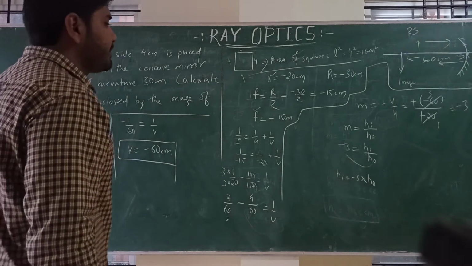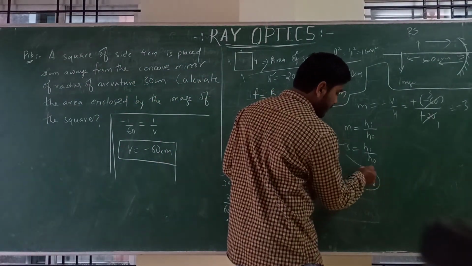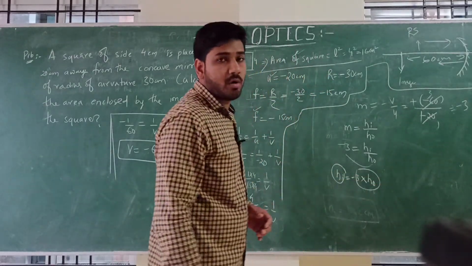Leave the minus sign. So the height of the image is 3 times the height of the object.